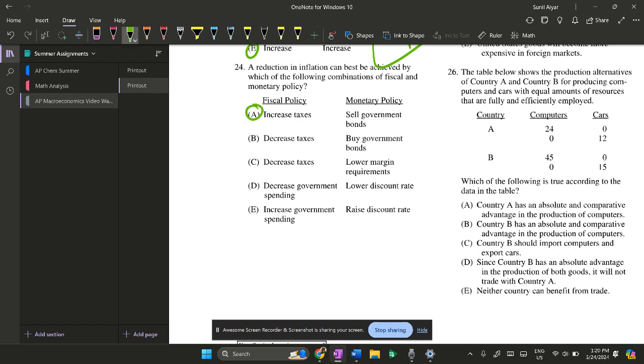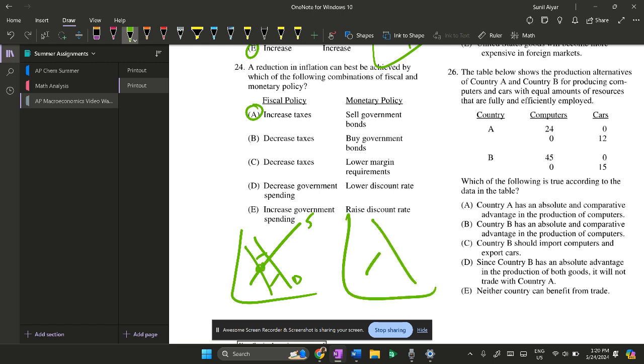A reduction in inflation is essentially a decrease in demand, or you could think of it as an increase in supply, which also decreases inflation. So either we're looking for a decrease in demand or an increase in supply. Increased taxes does decrease demand, and selling government bonds does decrease demand. So that's a check. I saw it instantly.